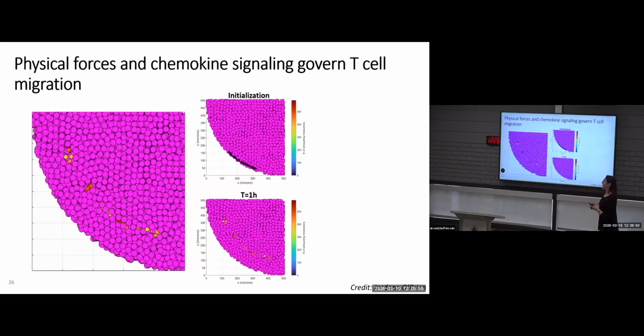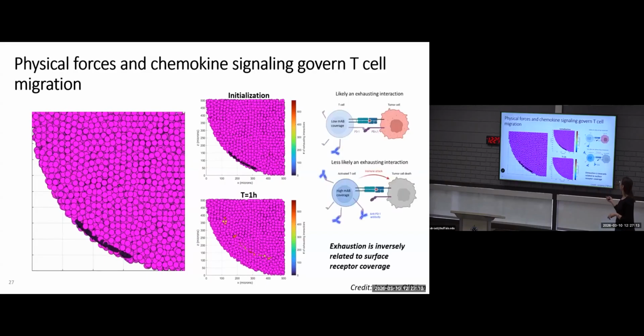Believe it or not, that sounds like it could be pretty fast, but it does track with some published literature suggesting that upon initial encounter of a cancer cell, a T cell can become exhausted as early as 6 hours. So we're really starting to capture some of those early phase phenotypic changes in the T cell, looking at these tumor immune dynamics.